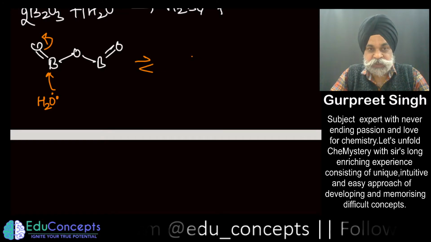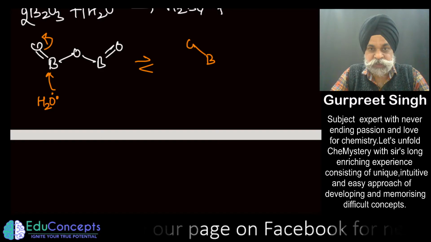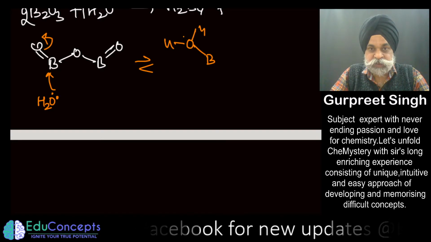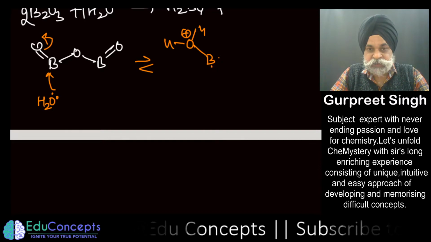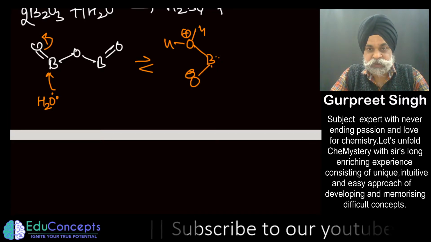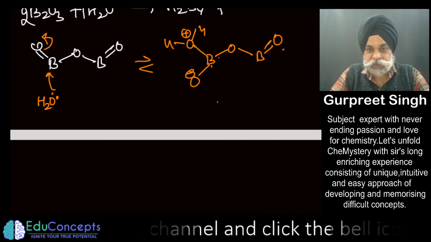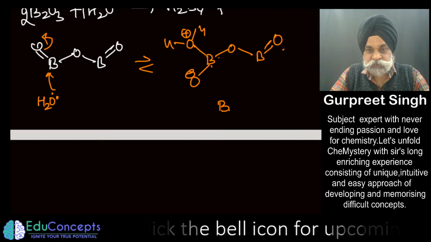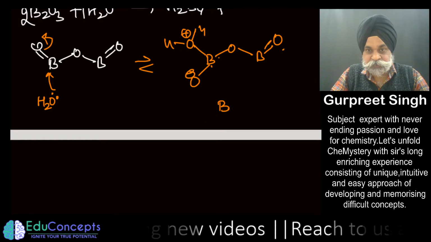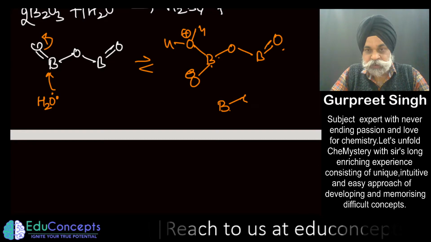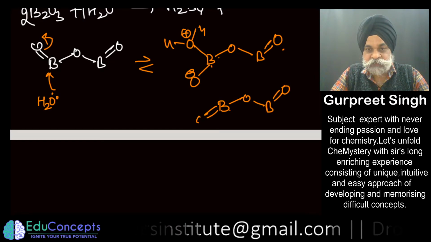Now simply you have to do it like this: I just want to place the OH this side and make the negative charge onto this side. So now I am placing it once again onto this side. Just hold on. So this is again BOB and you have a negative charge.